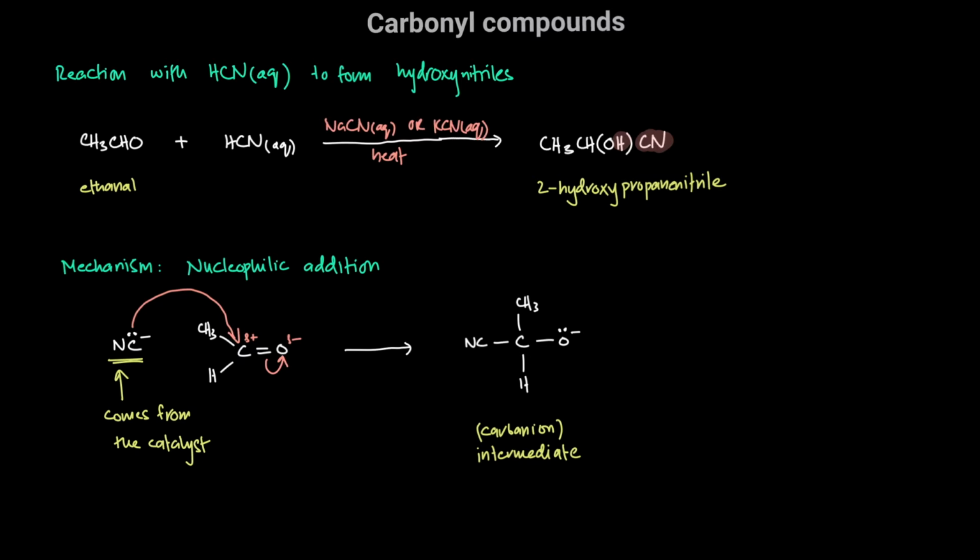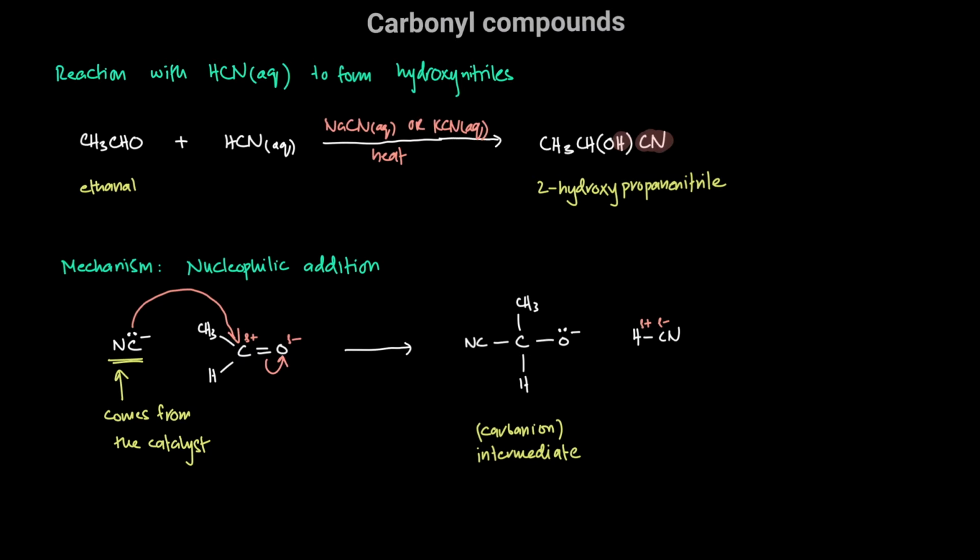Now in the second step of the mechanism, the hydrogen from the HCN adds on to this oxygen. So we have HCN. Here hydrogen has a delta positive, or a partial positive charge, and we have a partial negative.